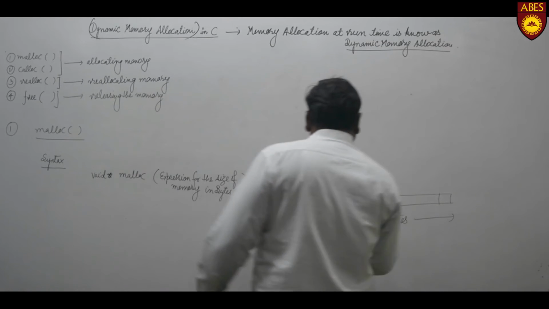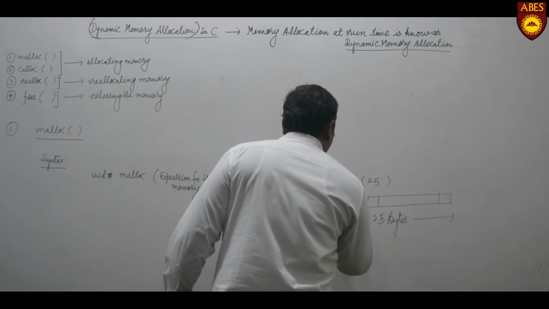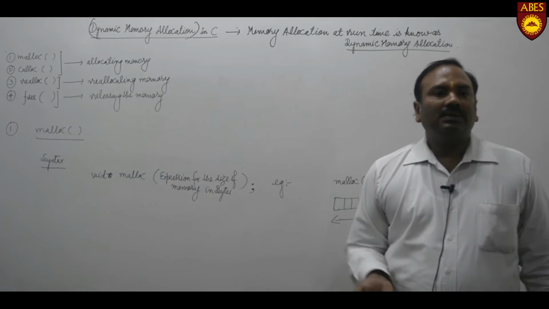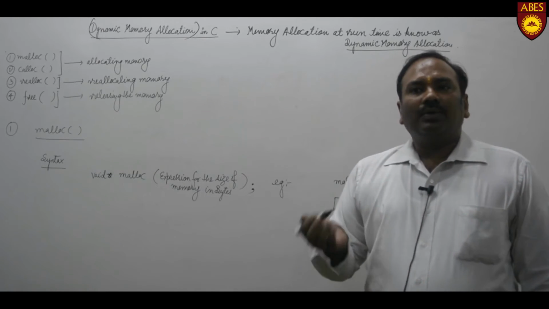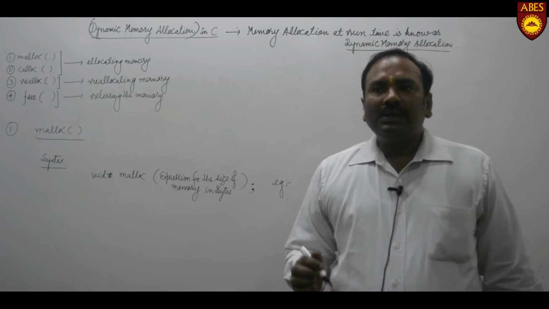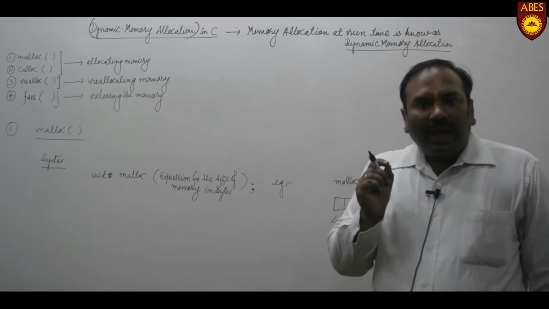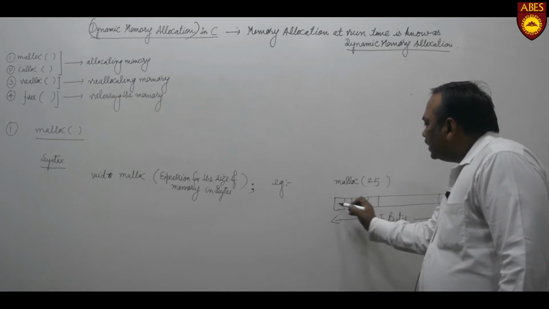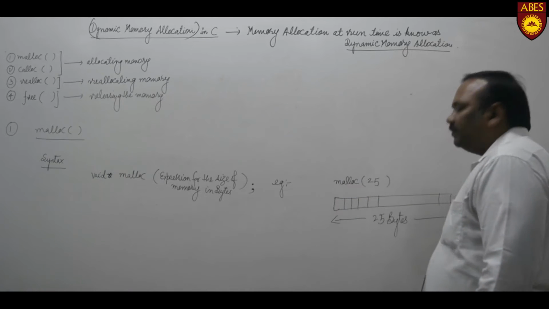How do we know that 25 bytes of memory are allocated? Malloc gives the address of its first byte, and all the bytes are adjacent to each other so that we can traverse very easily.